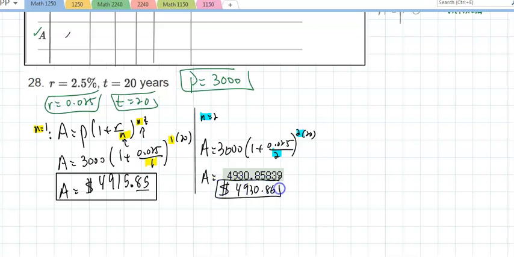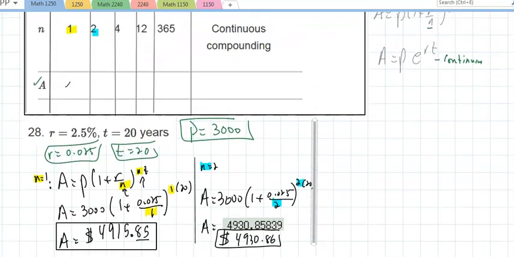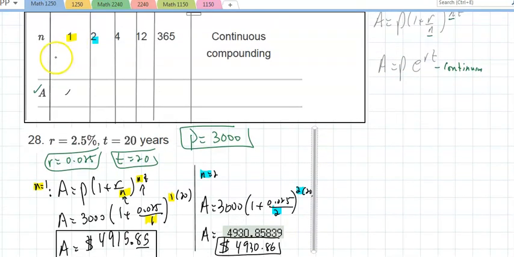That's the answer. And as you see, I really don't have to do much. So this is yearly, this is semi, this is quarterly, this is monthly, and this is daily. They use those back and forth, and this is continuous.